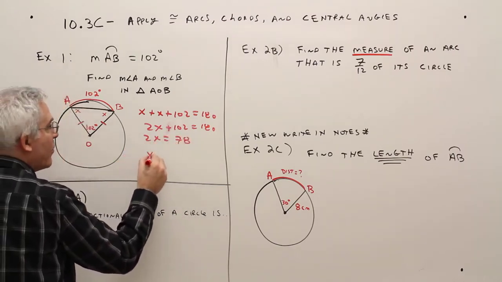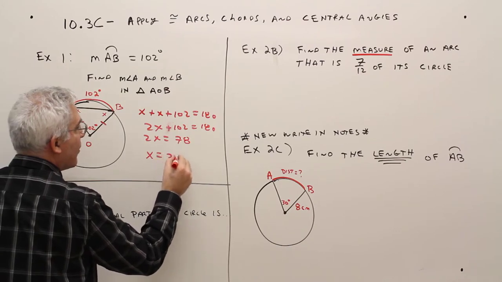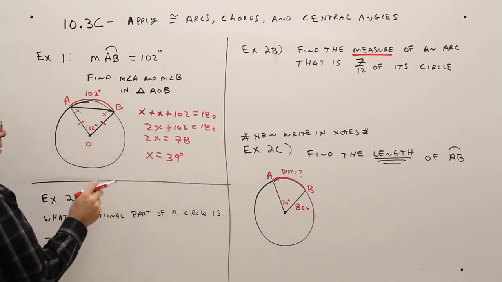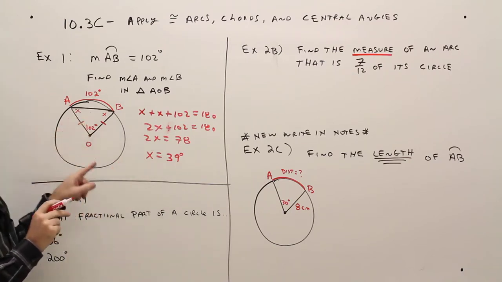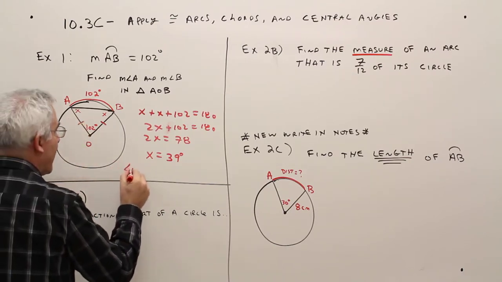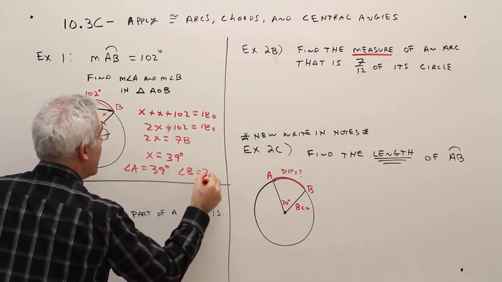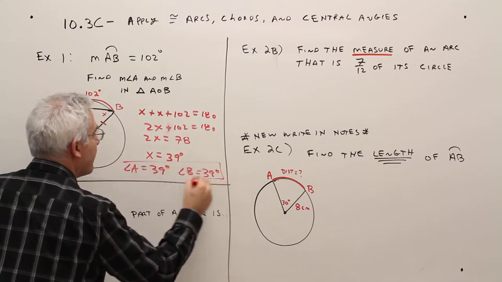Divide by 2, x equals 39 degrees. And that would be for both measures of angle A and B. So angle A equals 39 degrees and angle B equals 39 degrees.